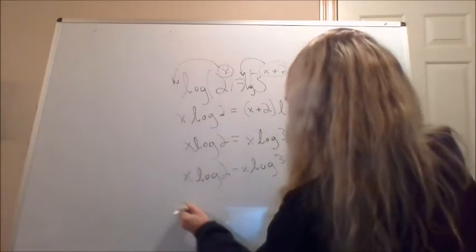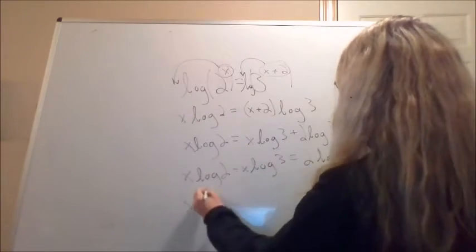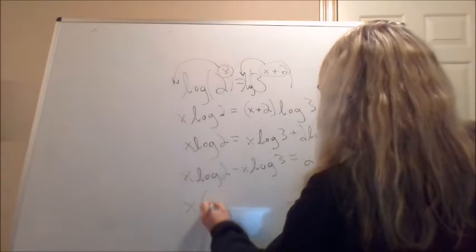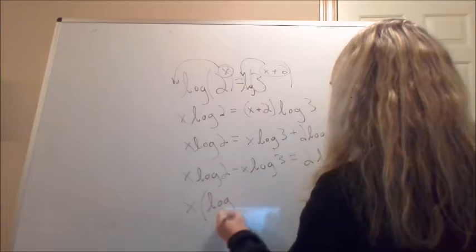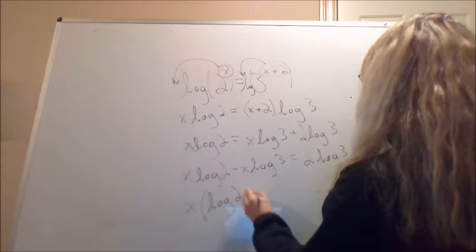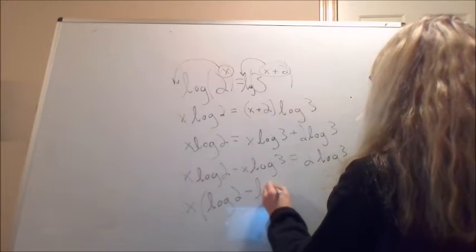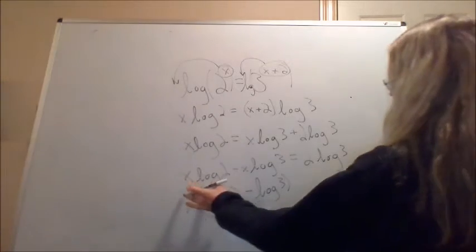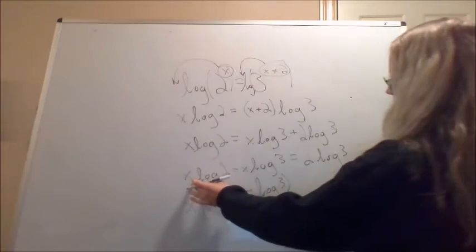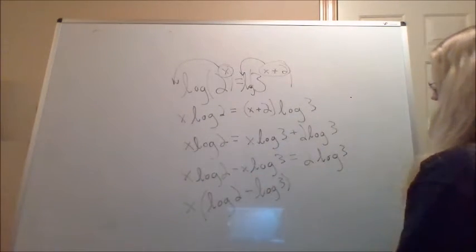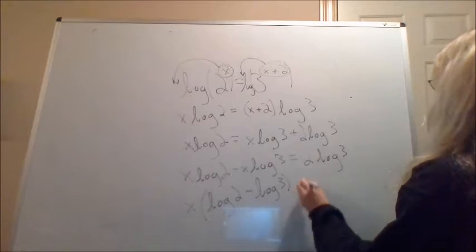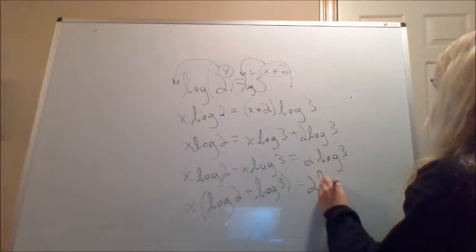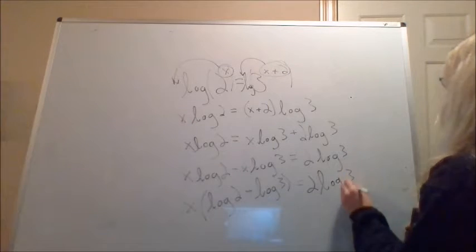So x times the quantity log 2 minus log 3, just like that, because these are simply 2 terms multiplied together, and same here, equals 2 log of 3.